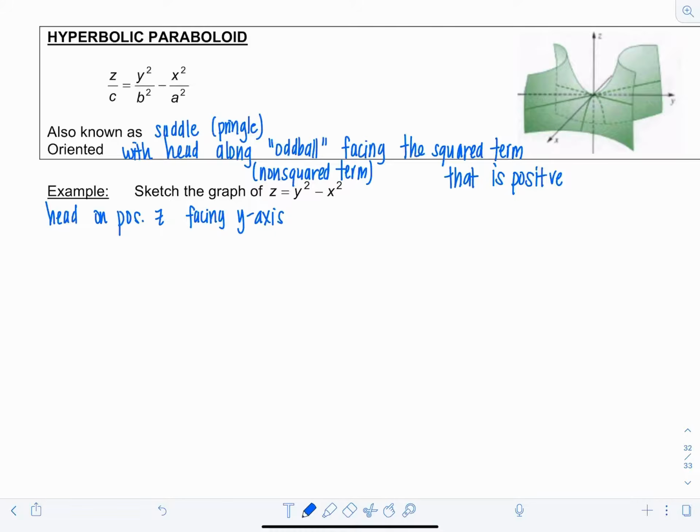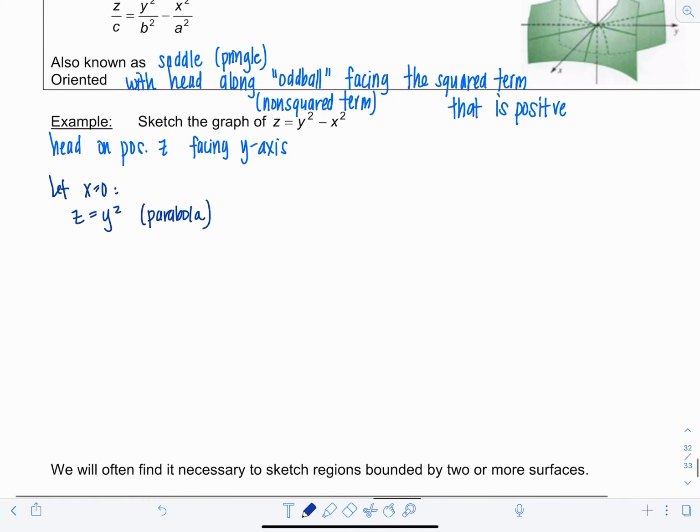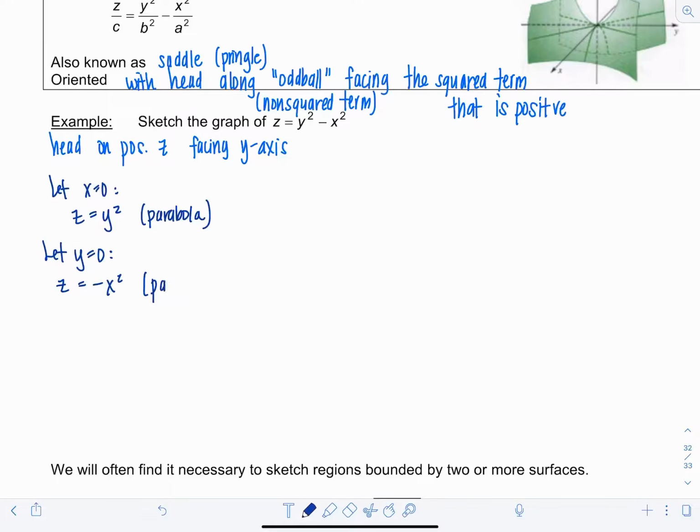Okay, here we go. So first things first, let's get our traces. If I let x equals 0, then I get z is equal to y squared. So that's a parabola. Then if I let y equals 0, I get z equals negative x squared. That's another parabola.